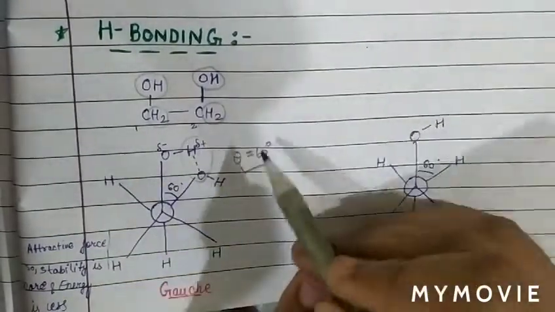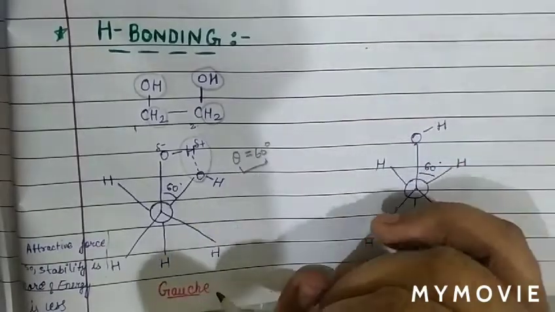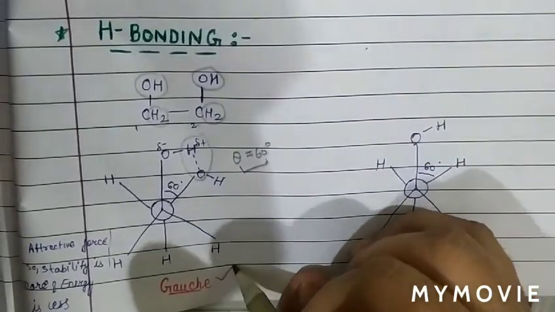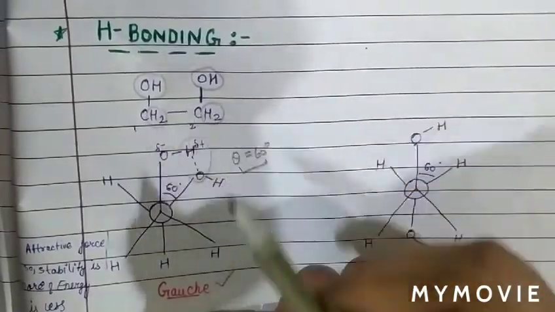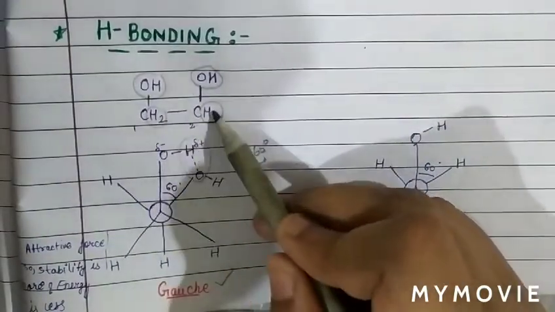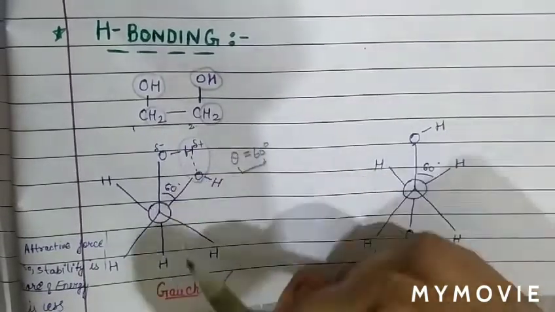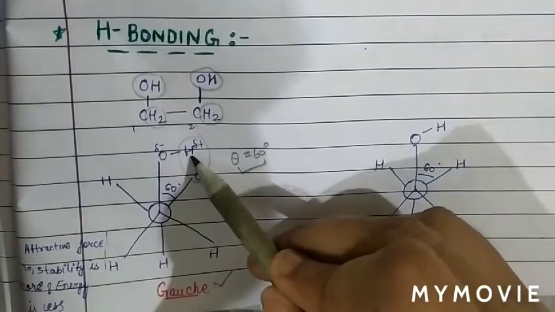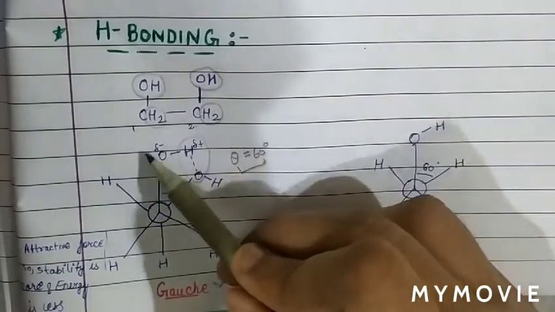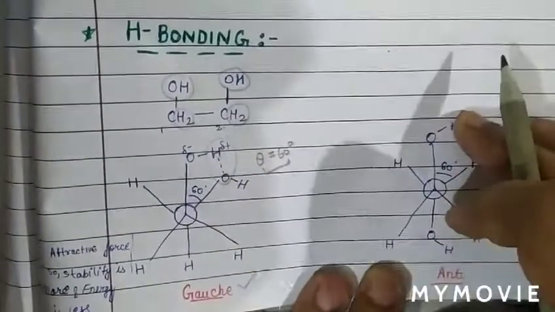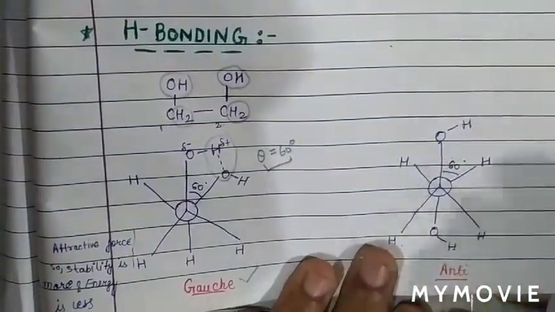So at theta equal to 60, we call this the gauche form of ethane 1,2 diol. So this compound is ethane 1,2 diol. In ethane 1,2 diol, when the dihedral angle is 60 degrees, in this gauche position there is formation of intramolecular hydrogen bonding, due to which stability increases, and we know when stability increases the energy is less.